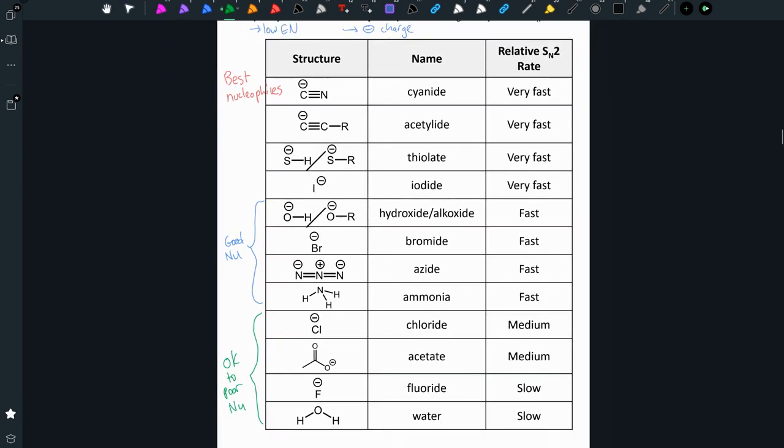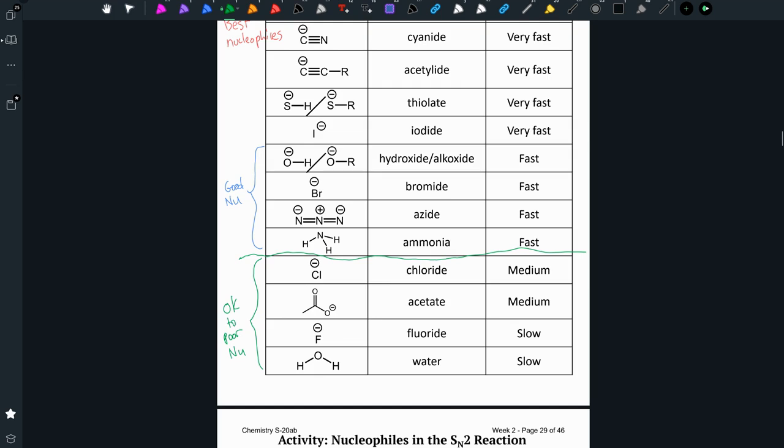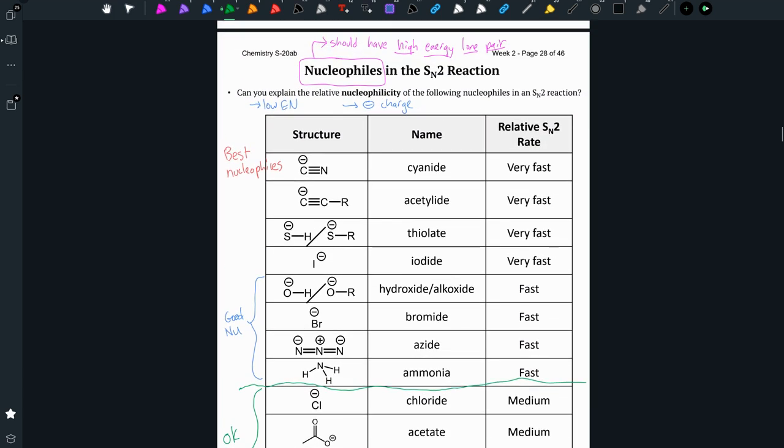We will focus on just the things in the best and the good categories, the ones at the top of this list down to about ammonia, as decent SN2 nucleophiles. So we want to consider the results of using each of these groups as a nucleophile in the reaction. That's where I'll head next.